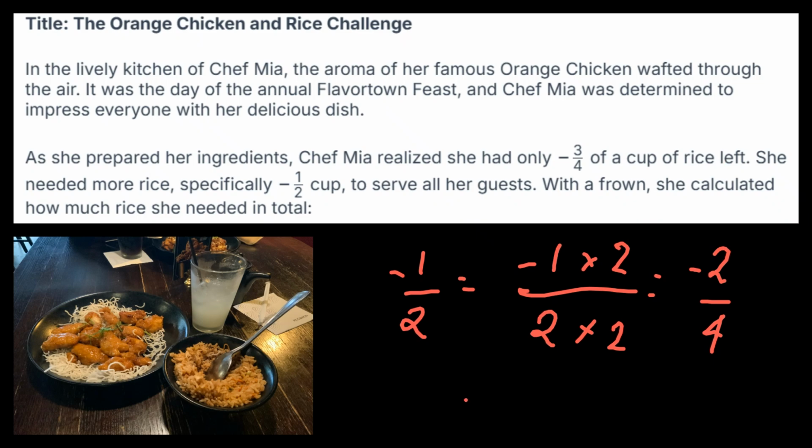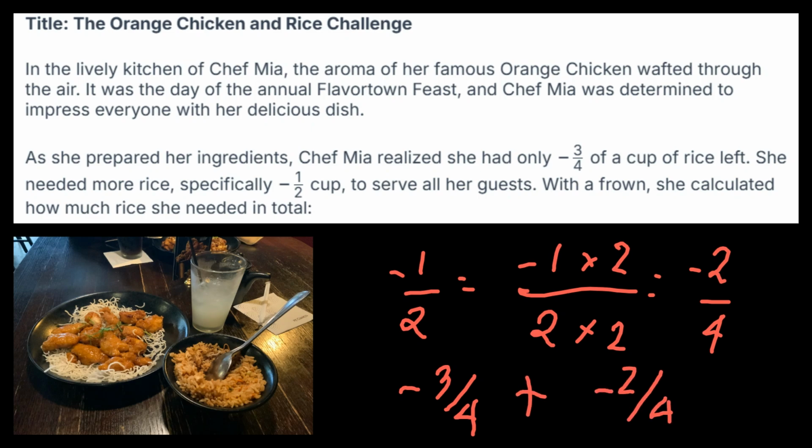We didn't change negative 3 over 4 because, as you can see, the denominator is already 4. Now we can add them. So we have negative 3 over 4 plus negative 2 over 4.